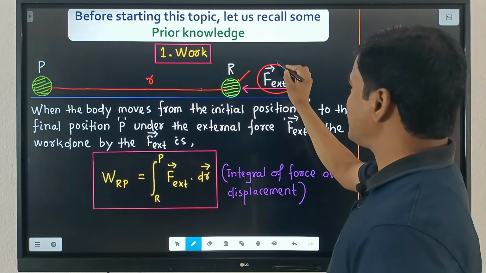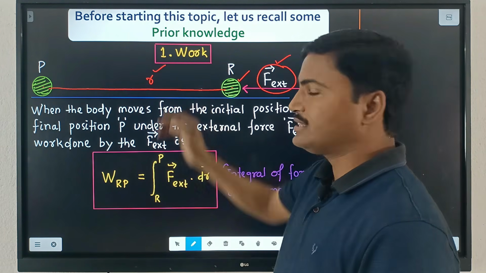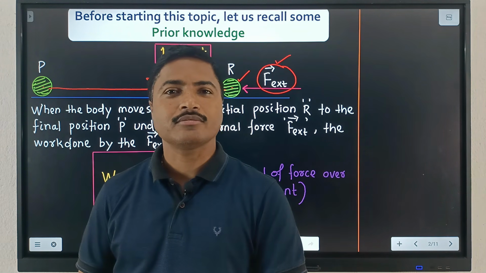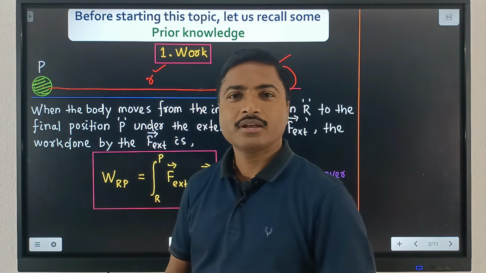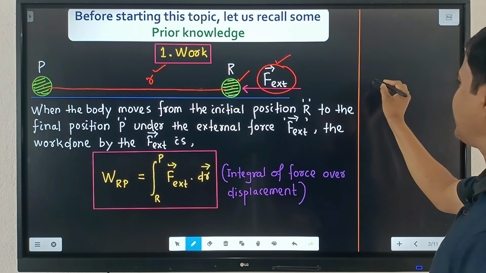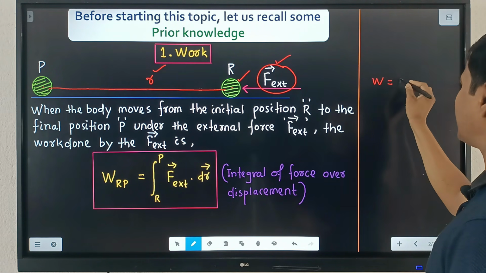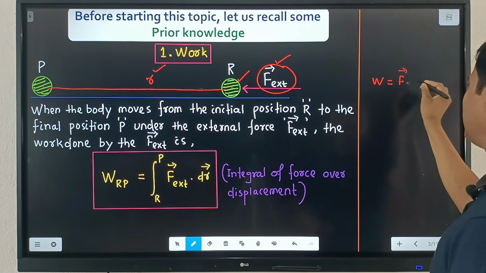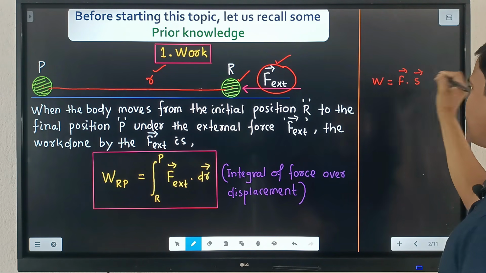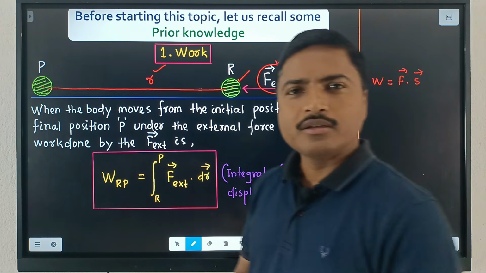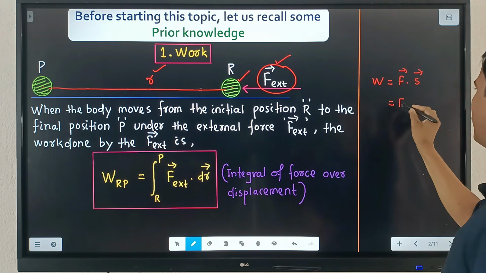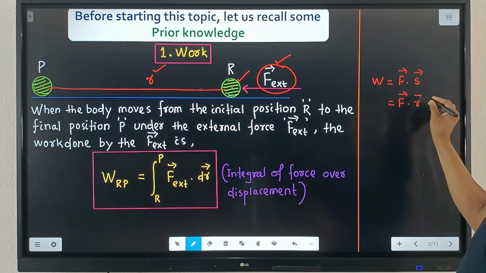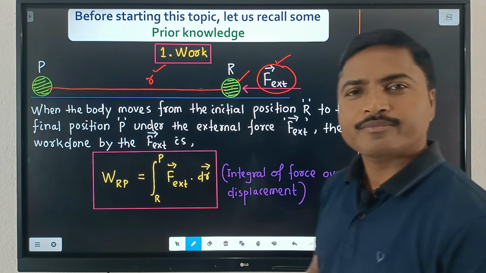Here force is applied and displacement is there, which means work is done. Work is done by the external force, and we write W is equal to force F dot S vector. If the displacement is R vector, we write this as force F dot R vector. Clear?